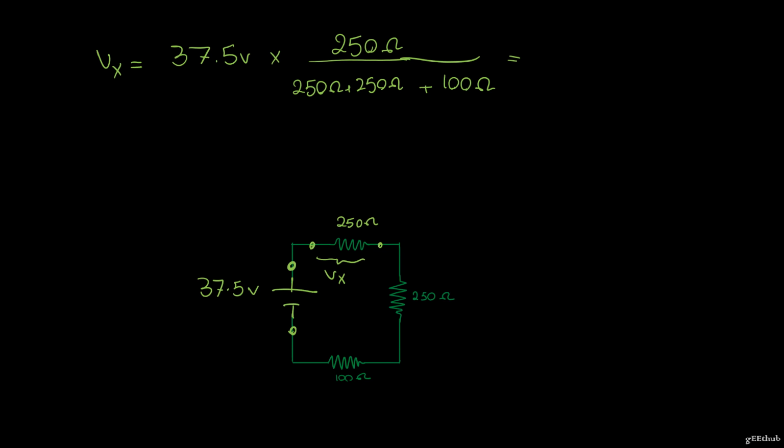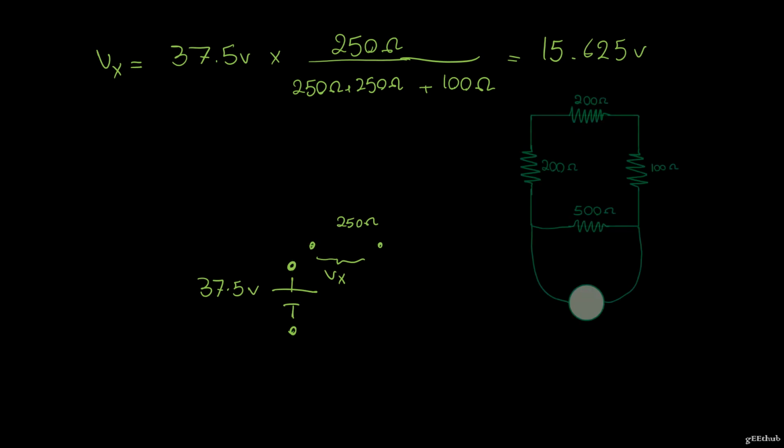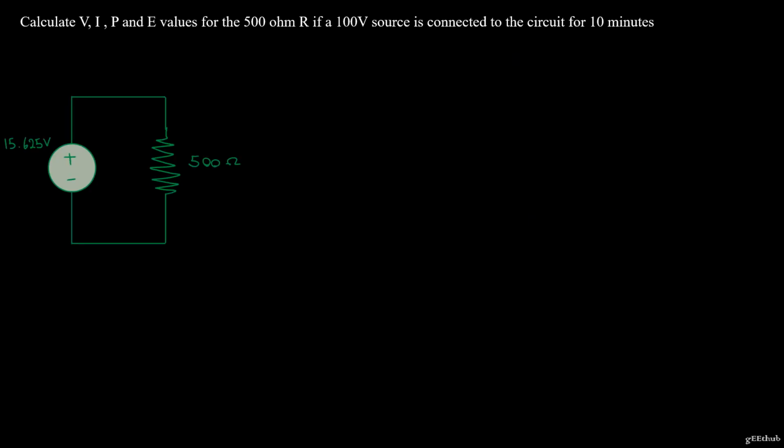And that's 41% of 37.5, which is equal to 15.625 volts. So I got my voltage information across my 500 ohm resistor. So I'm going to replace the rest of my circuit with just a 15.625 volt source. And at the end, I'm just solving for this very simple circuit.